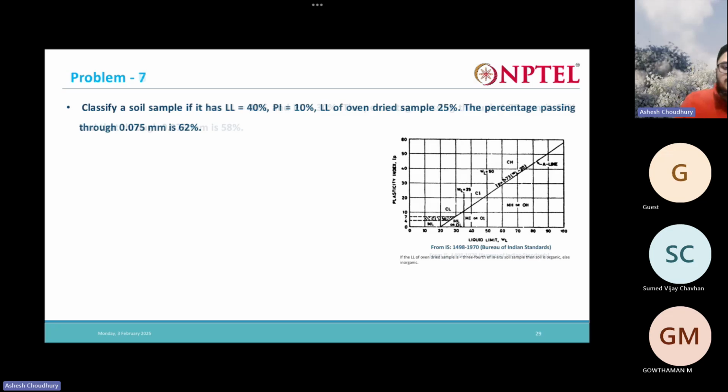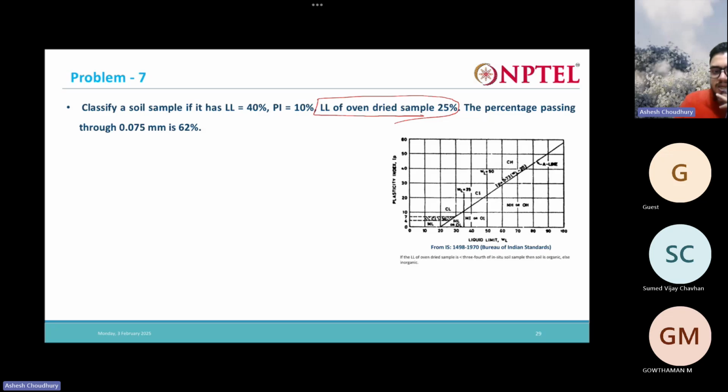Okay, now do this. Classify a soil again. Forget about this part now. Just try to first tell me this soil is what? Coarse grained soil or fine grained soil? First decide this.